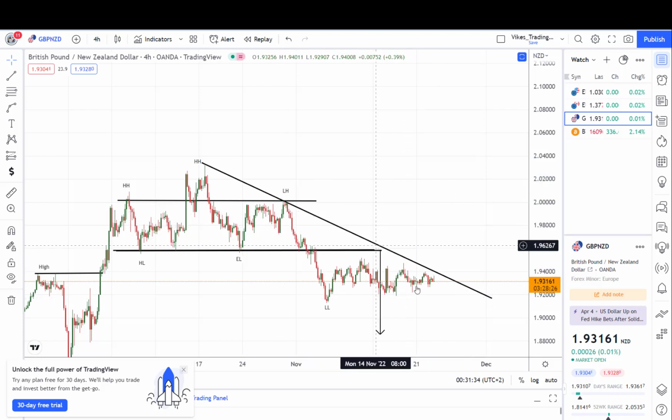Maybe I'll be expecting that prices might spike tomorrow, touch the trend line, then reject it. This is where I'll consider taking my second position.